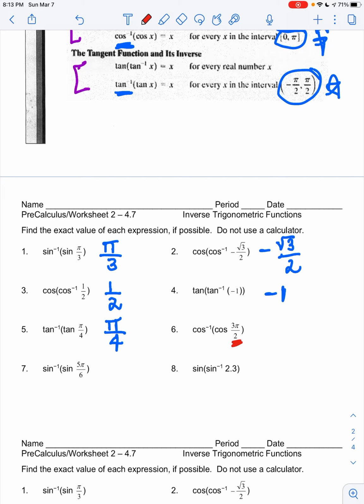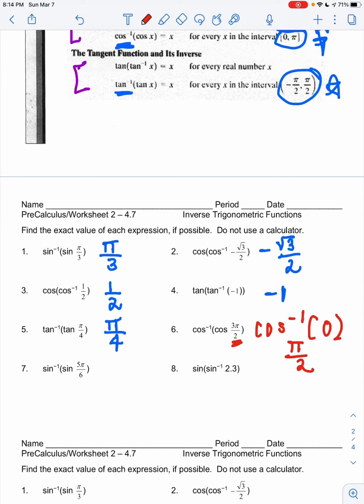So we can actually find the cosine of 3 pi over 2, but since it's not between 0 and pi, we actually need to find that value, and that means we are going to find the inverse cosine of 0, because at 3 pi over 2, the cosine value is 0, and then when we find the inverse cosine, that is pi over 2.